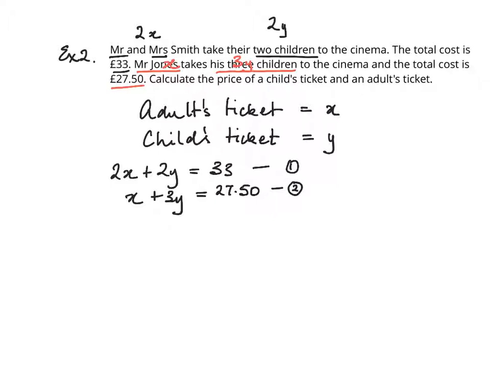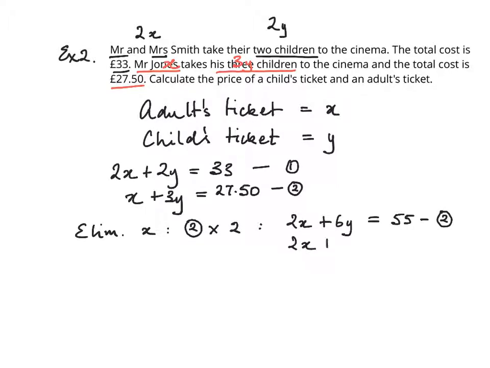And I think I'm going to try to eliminate x. I'll do that by multiplying equation 2 by 2. What does that give me? 2 times x is 2x, 2 times 3y is 6y, 27.50 times 2 is £55. That's equation 2, so I'll write equation 1 underneath that so that they're together.